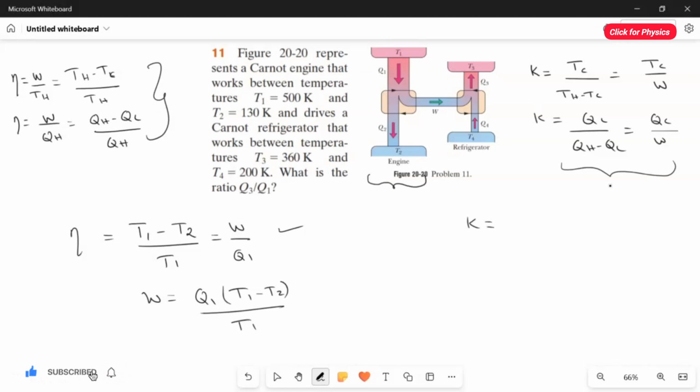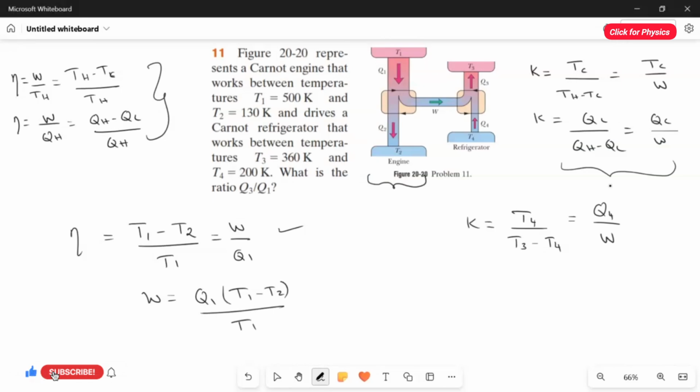Here TC is T4, so T4 over TH minus TC, where TH here is T3 minus T4, which is equal to QC over W. QC here is nothing but Q4.